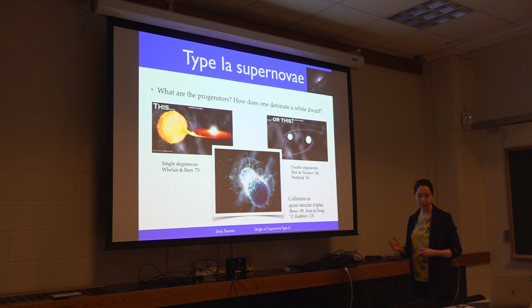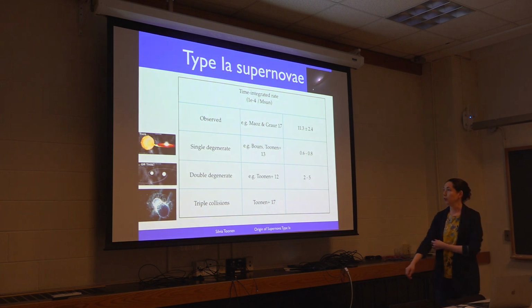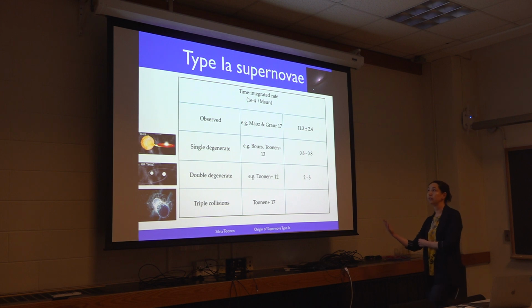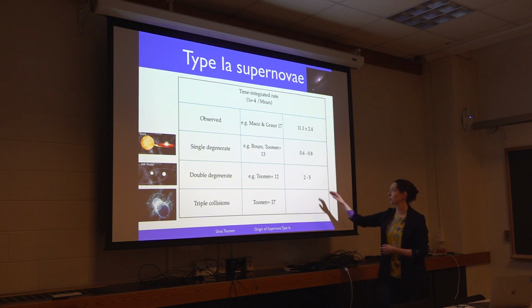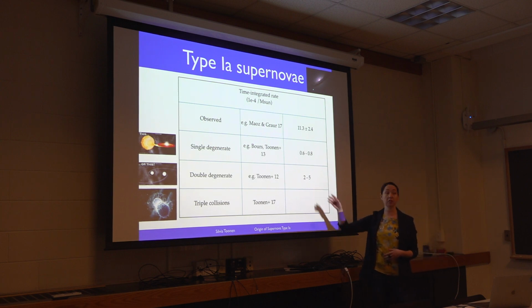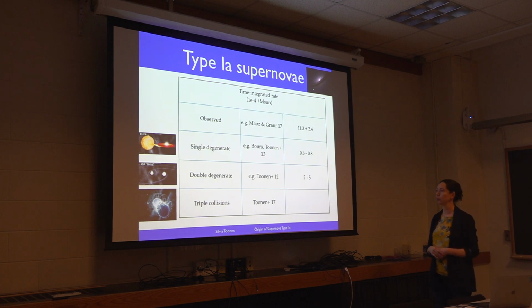So again, I did a simulation. I took, I think, 7 or 8 different models for the triples, evolved them in time, and tried to estimate how often this happens. The type 1a rate from observations is about 10 per 10,000 solar masses of stars. From these accreting white dwarf systems, my models predict about 1. Honestly, this can go orders of magnitude below, depending on the white dwarf accretion physics. For double degenerates, I find a rate that's a little bit higher, but it's still on the low side compared to observations.